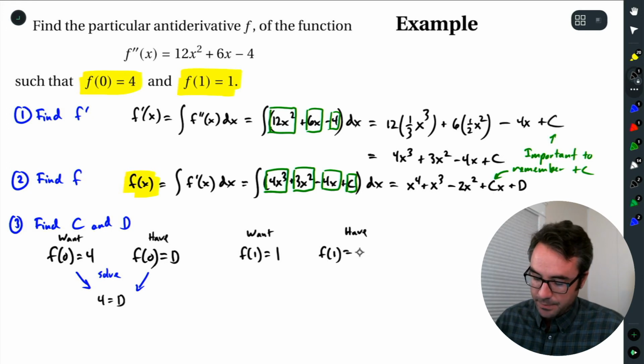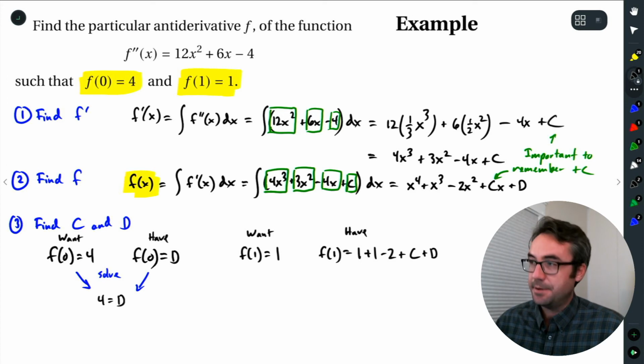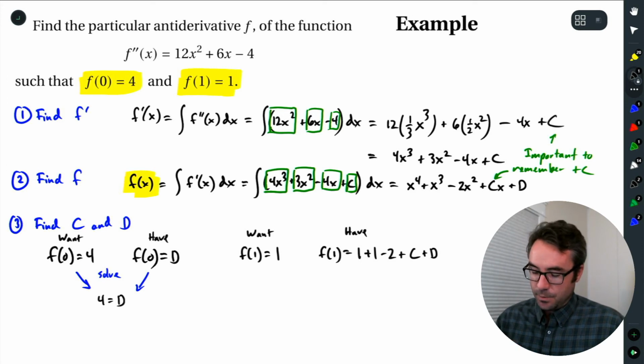So when we plug in, we get 1 plus 1 minus 2 plus C plus D. And when we look at this, 1 plus 1 minus 2, those just cancel out.